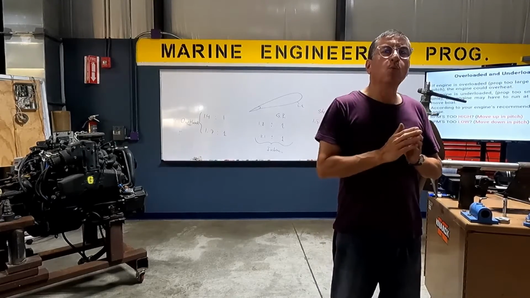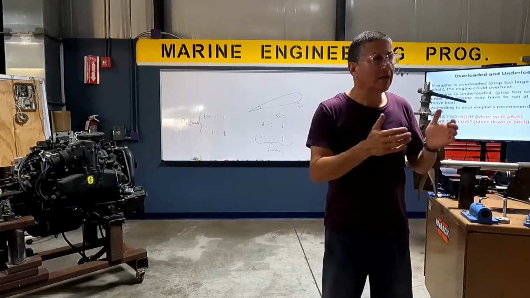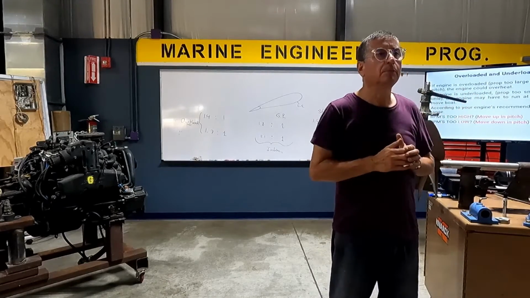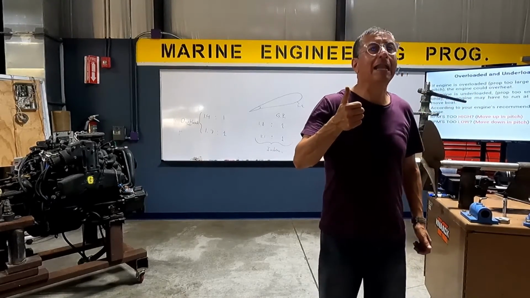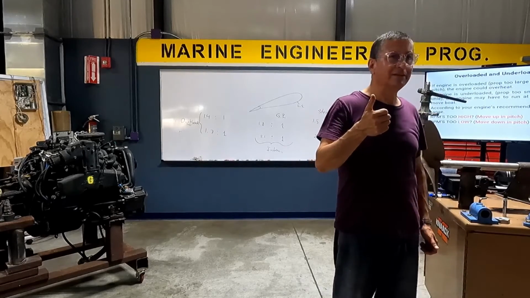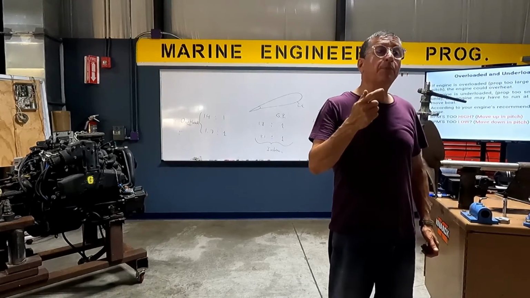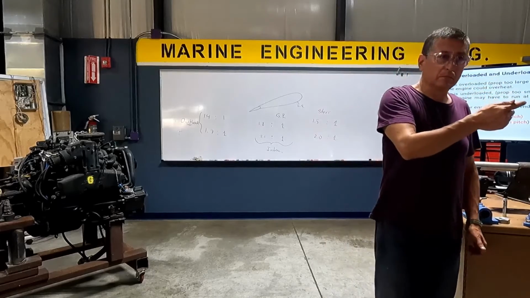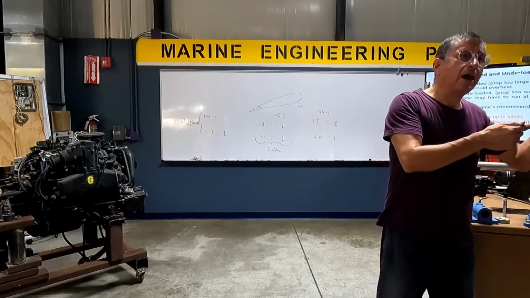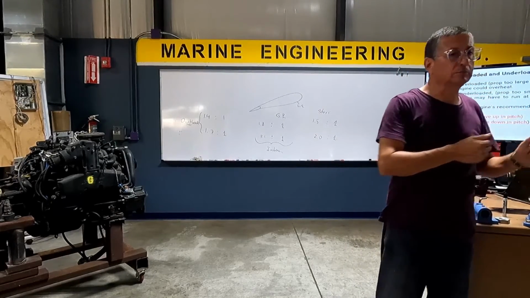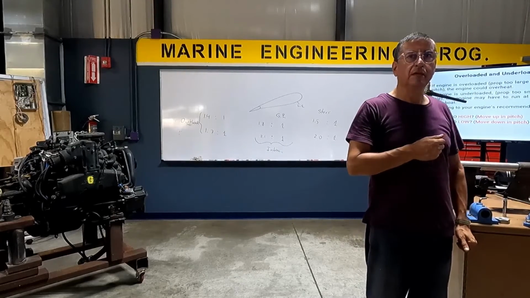A propeller with lower pitch produces higher torque and fewer RPMs, exactly the same as the gear ratio. A propeller with higher pitch produces higher RPMs and low torque. Everybody follow me?